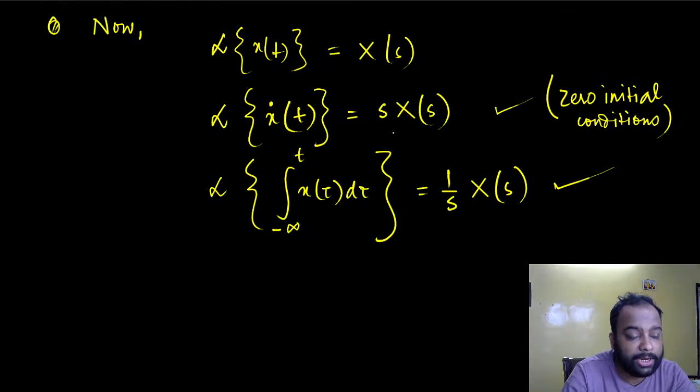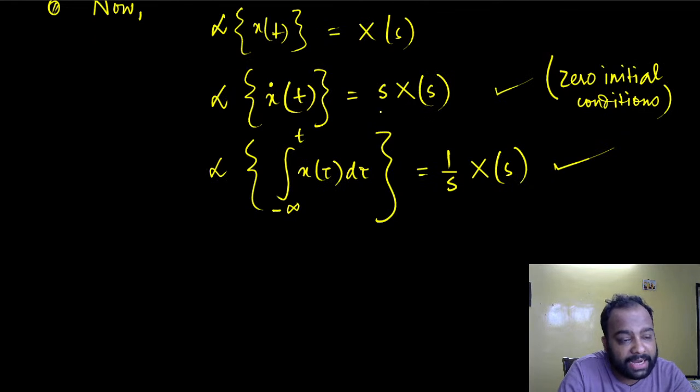So look very carefully at what happens. A multiplication with s essentially means a time derivative. A division by s essentially means a time integral.